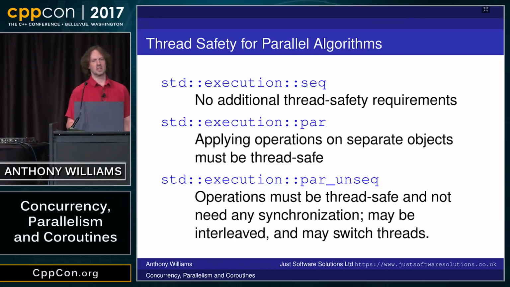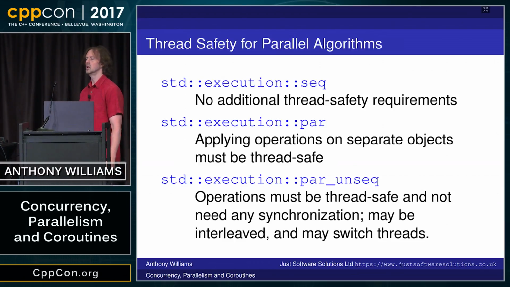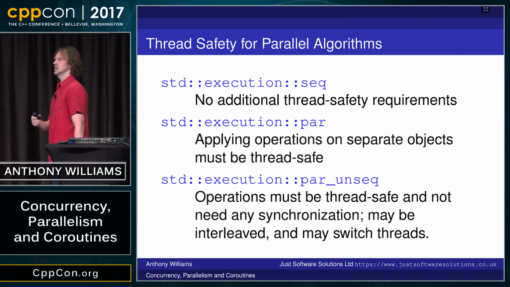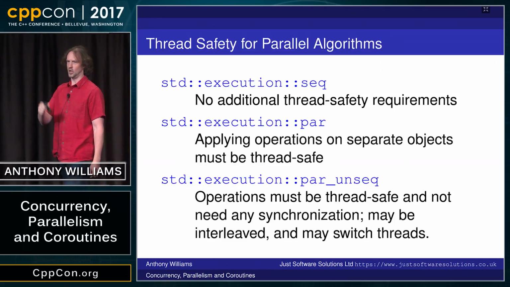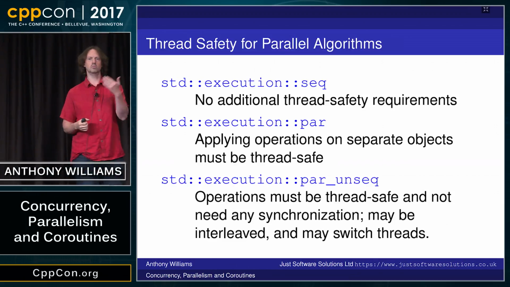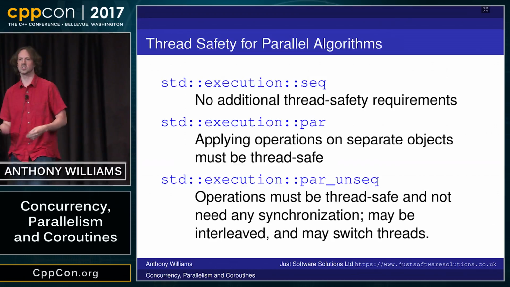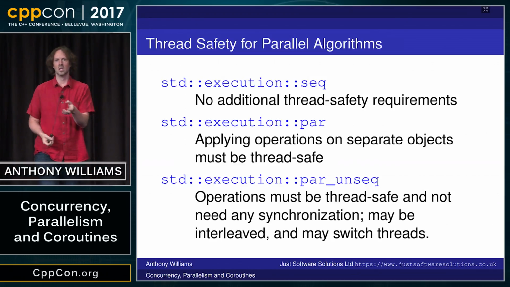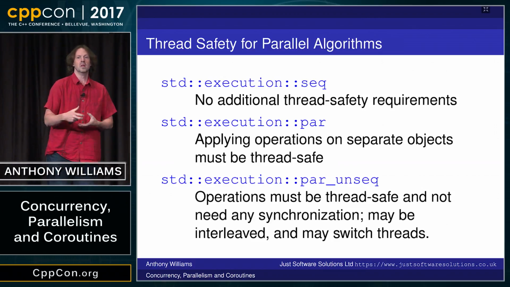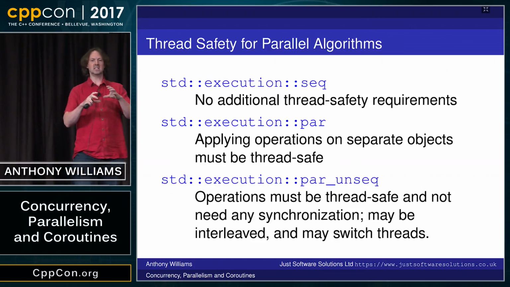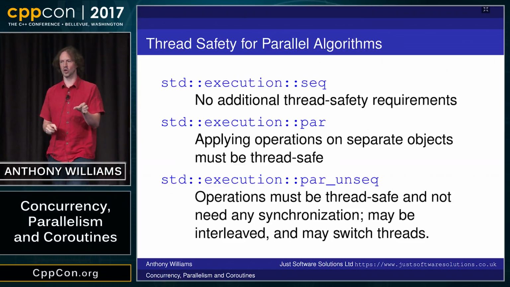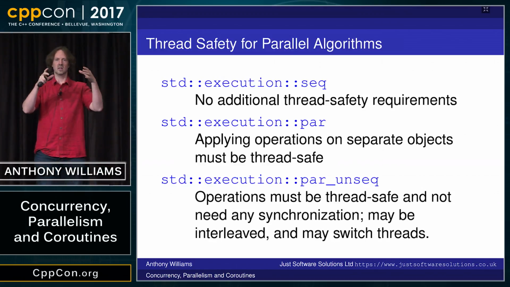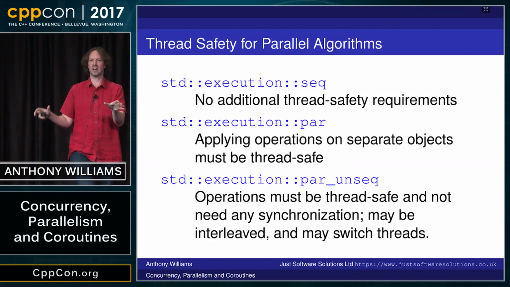If you specify the parallel execution policy, execution par, then it's up to you to ensure that if the library runs your user-supplied code, so with a for each example, the function that you've supplied, or if you're doing sort, then a comparison or a swap, these things, provided that the elements being worked on in different threads are different elements, those invocations should be okay.